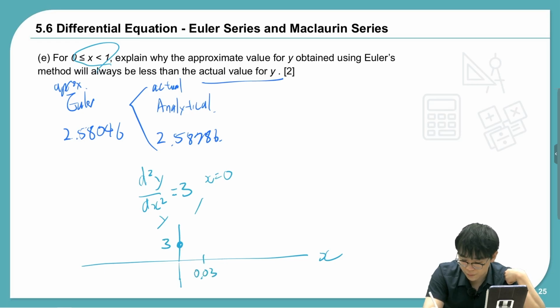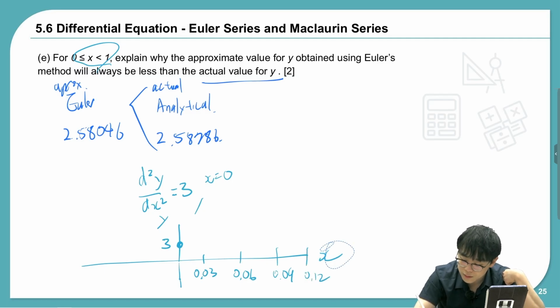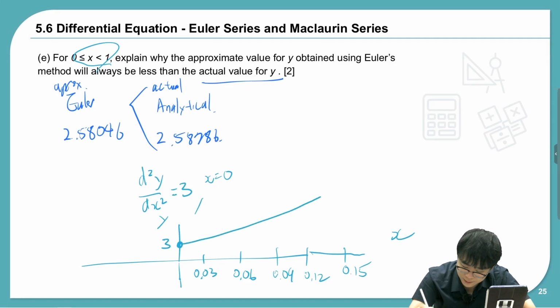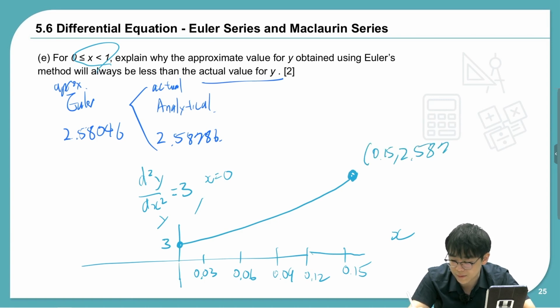And we actually took a few incremental steps towards 0.15. And what happened was we actually got, so if it's concave up, the graph is going to do something like that, which is why the actual thing is 0.15, 2.58786. But what we did with Euler's method is we found the slope, right?